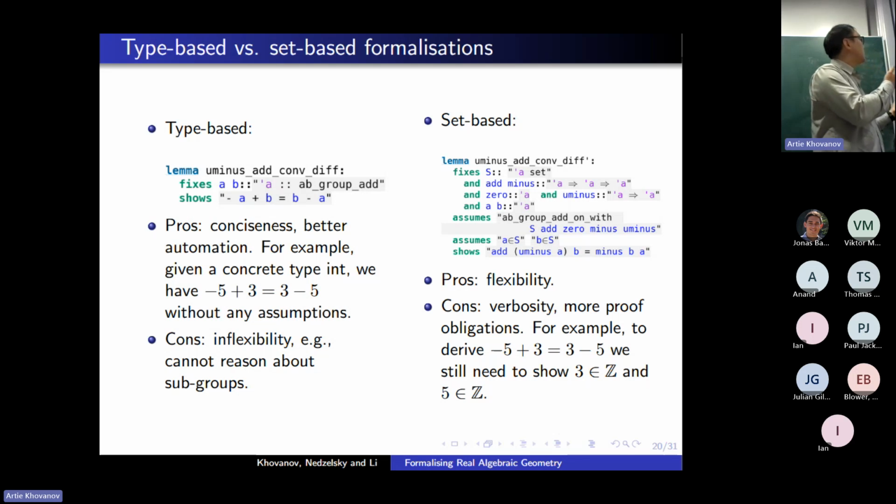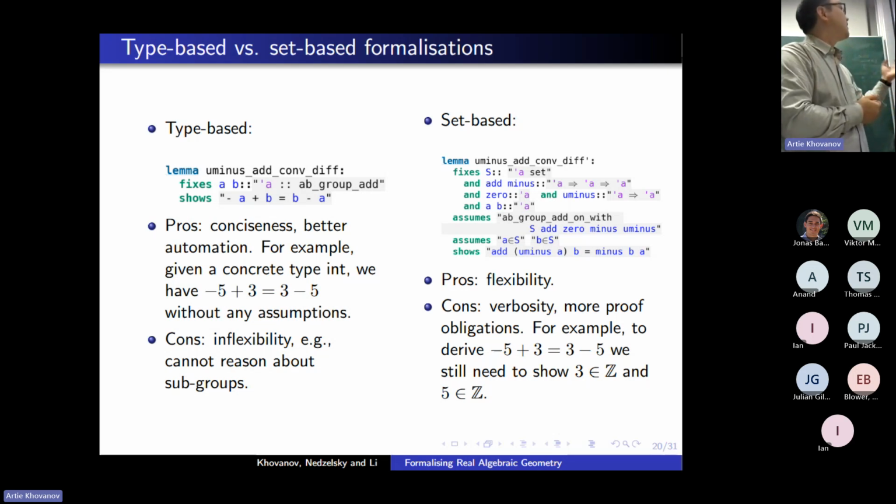The axioms of abelian group and these closure assumptions are already in the type system, so the statement of this lemma is pretty concise. When we instantiate this lemma to concrete types like integers, we can have something like -5 plus 3 equals 3 minus 5. This is just the statement we can use. There are no assumptions. It's pretty easy.